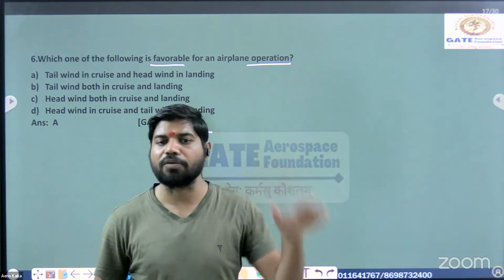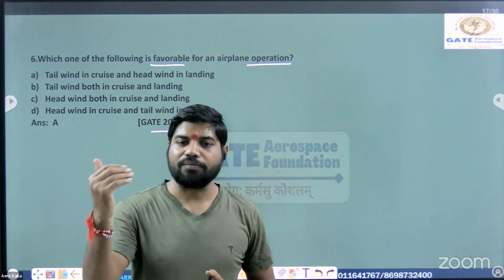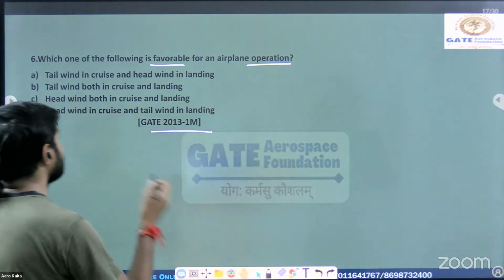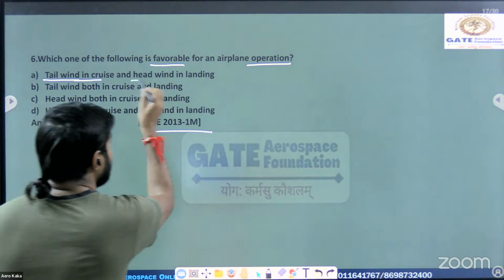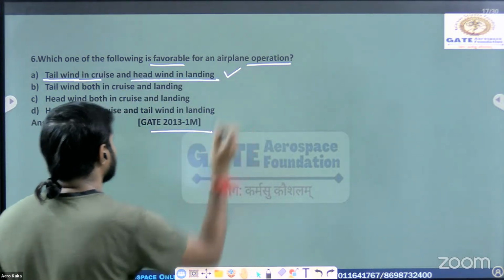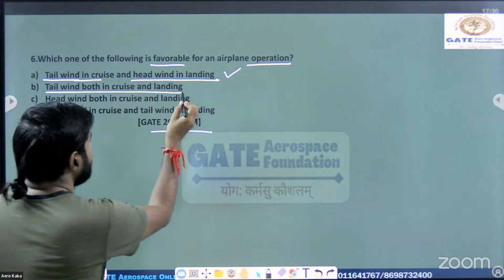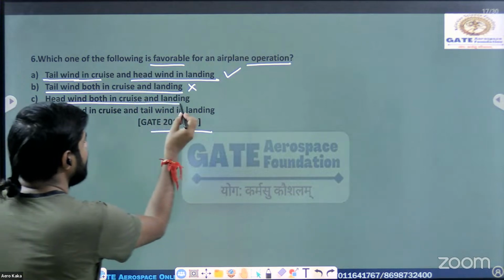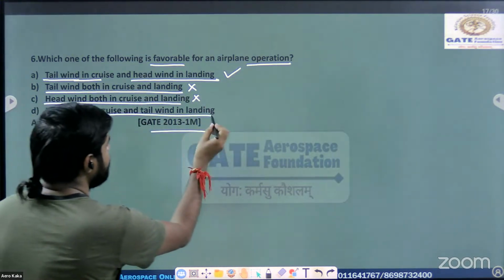But during cruise, or steady state level flight, tailwind is favorable. So just find out which option is correct. First option, tailwind in cruise, headwind in landing: correct. Option B, tailwind both in cruise and landing: no, not at all. Headwind both in cruise and landing: no. Headwind in cruise and tailwind in landing: no.